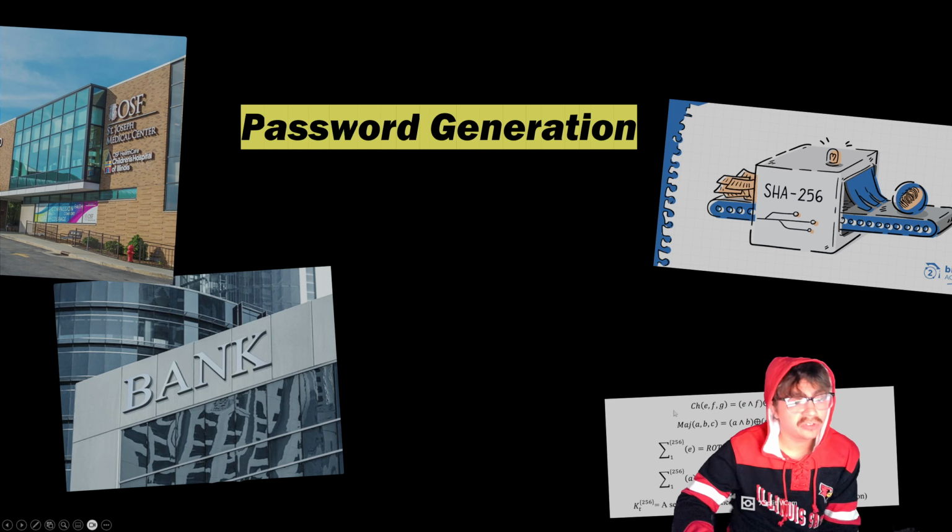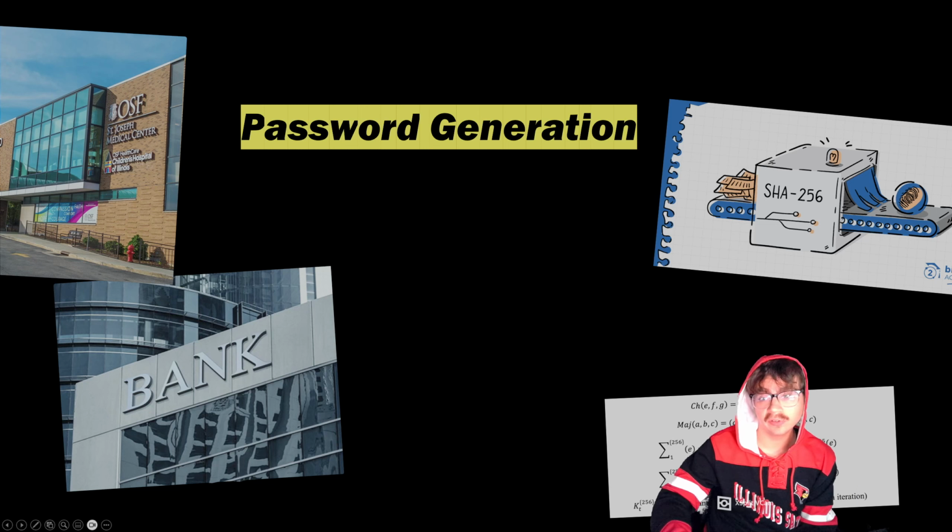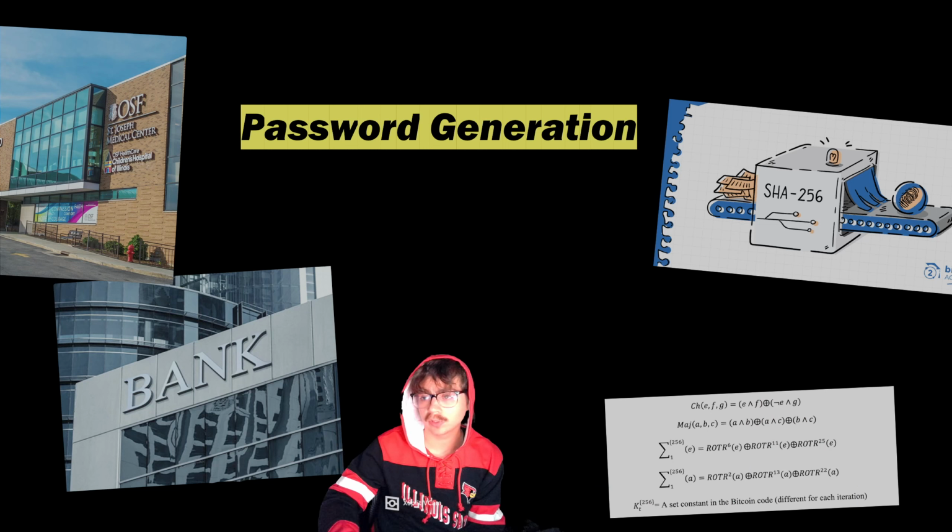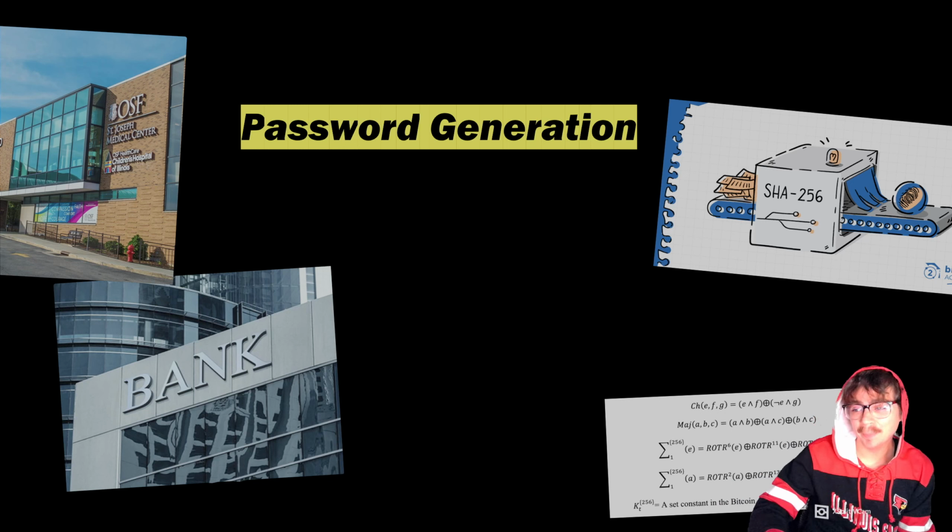Now this is the actual math behind the SHA-256 encryption. I'm not going to go into the big details of everything because I'm not a math major, I'm a cybersecurity major. But it takes the whole world to basically secure devices today, so that's very important.